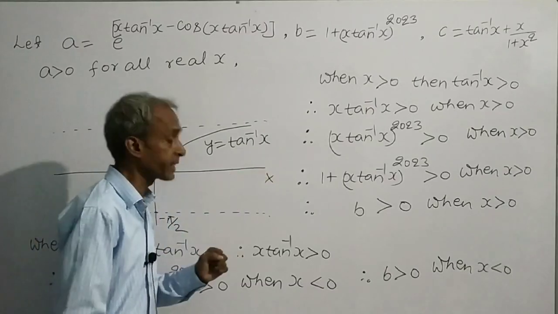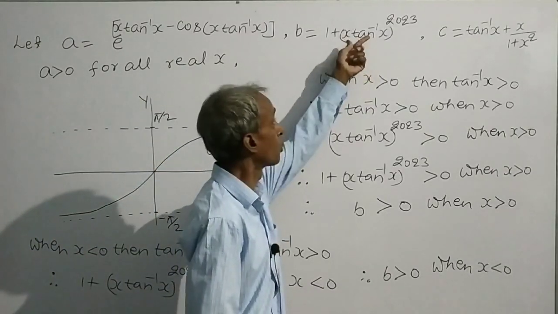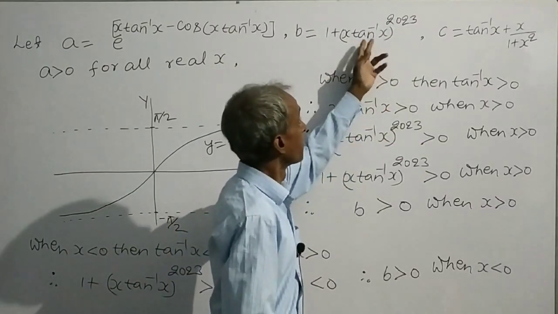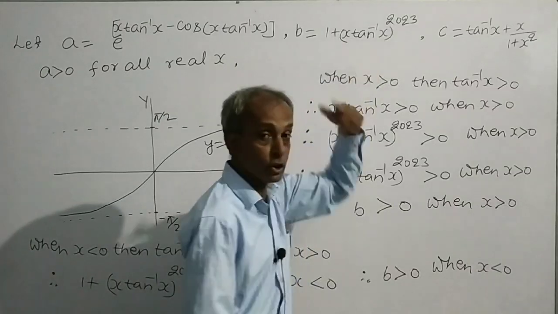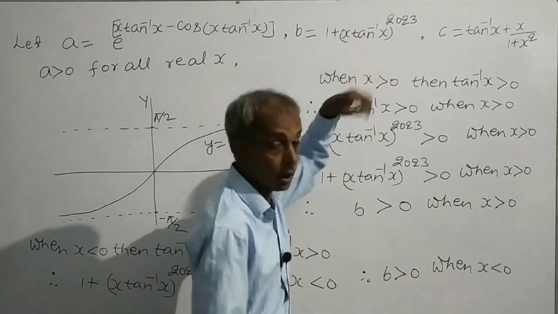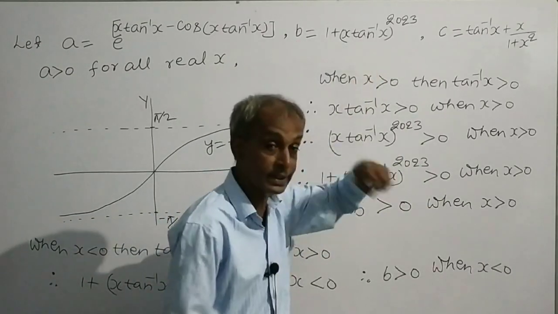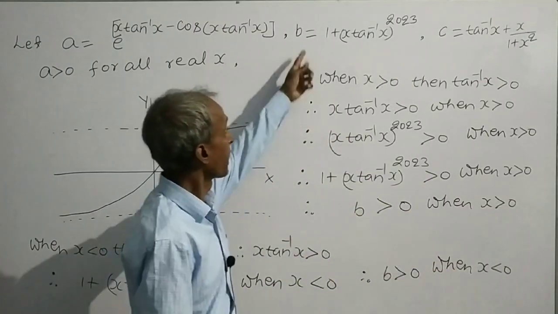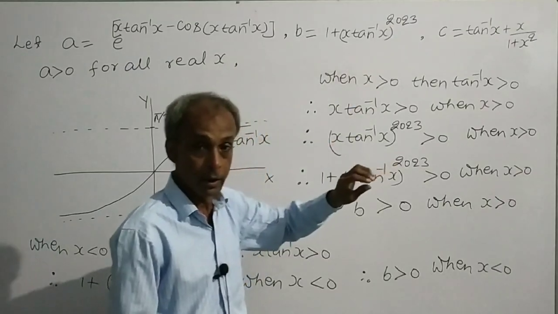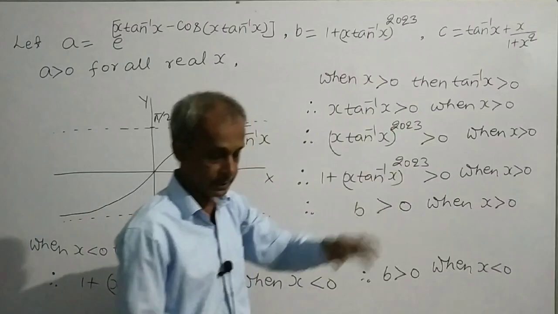That means tan inverse x is also 0. 1 plus 0 times 0, 0 to the power 2023 will be 0. 1 plus 0 will be positive. That means B will be positive when x is equal to 0. That means B will always be positive whatever real number we put in place of x.